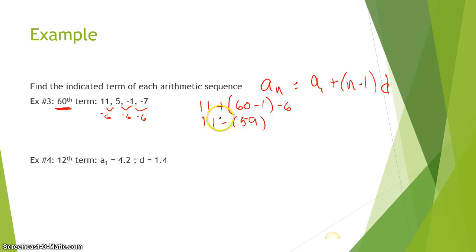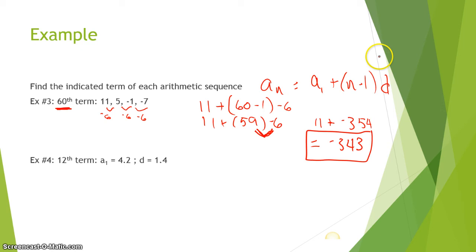So I have 11 plus 59 times negative 6. Solve using PEMDAS, order of operations, so multiply negative 6 times 59, which gives me negative 354. So I have 11 plus negative 354, which is going to give me an answer of negative 343.